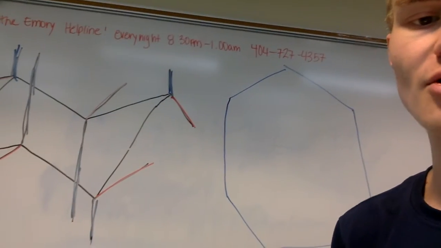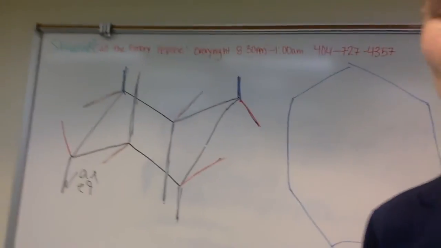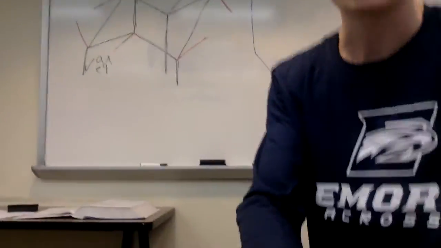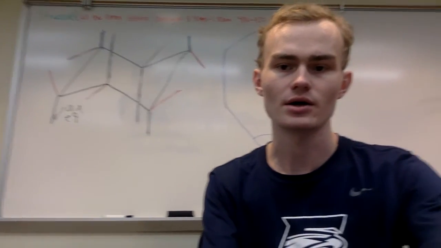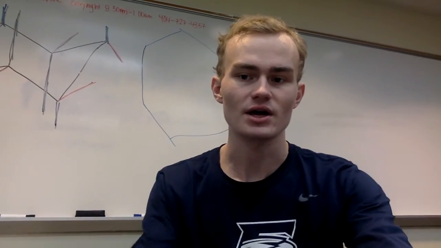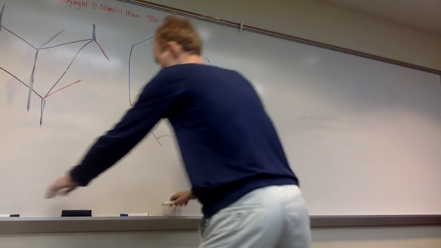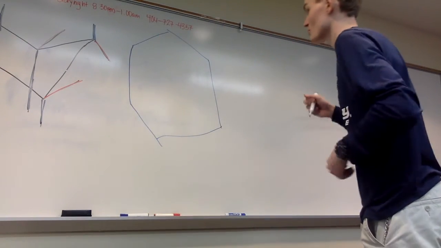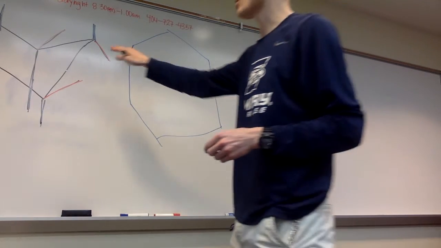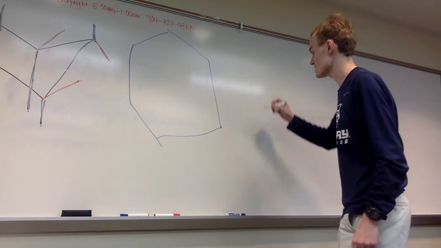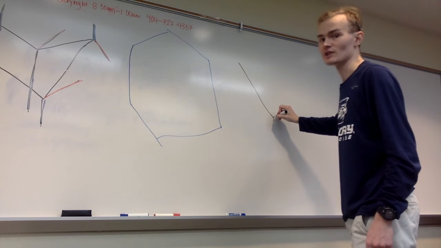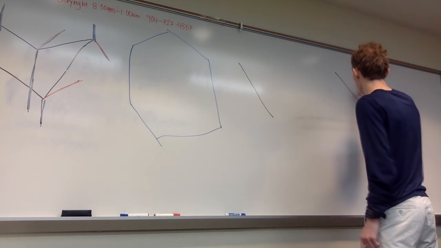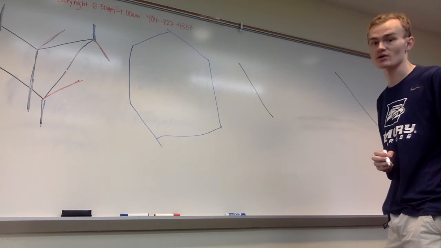Okay, so now what I'm going to do is I'm going to draw a left-leaning chair conformation, and I'm going to draw it on this side, okay? So I'll draw it over there. So this is going to be a left-leaning one. So previously we had this one. So by left-leaning, what I mean is that this is going to be leaning to the left, and then this is also leaning to the left, okay?